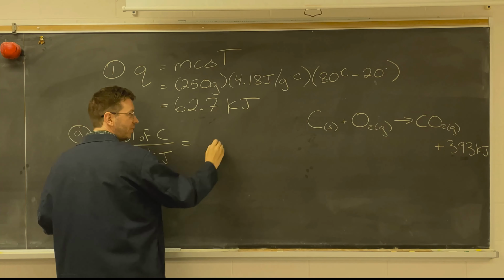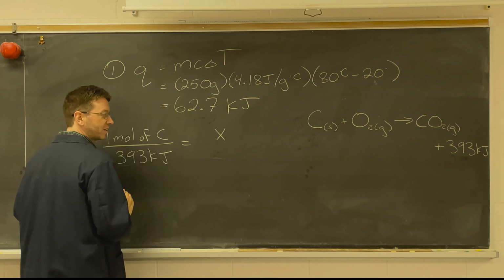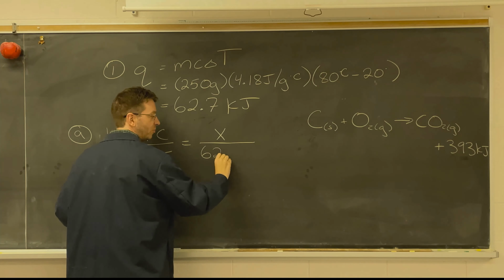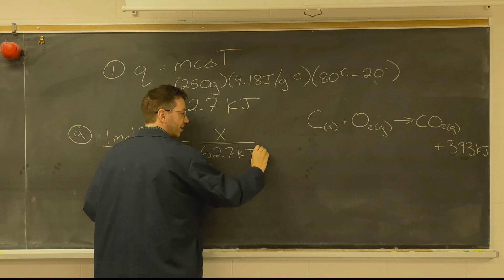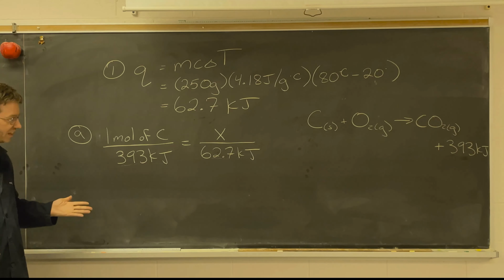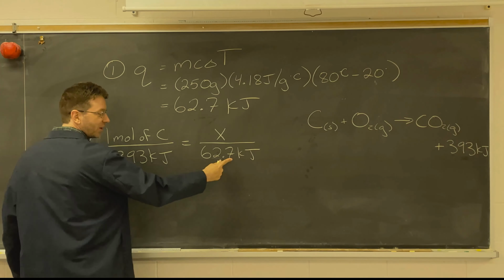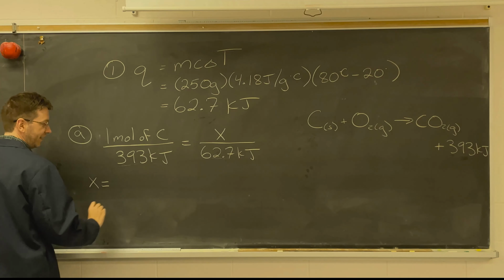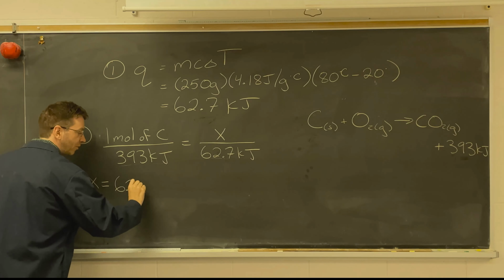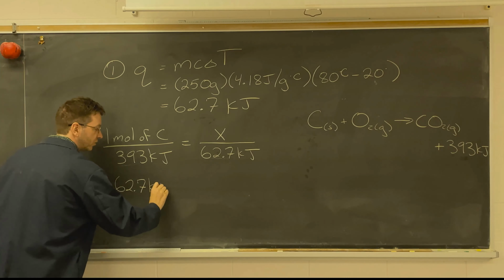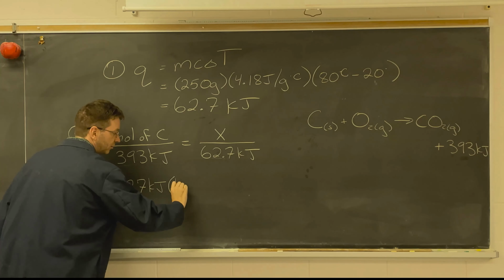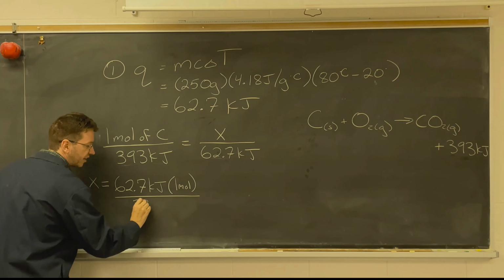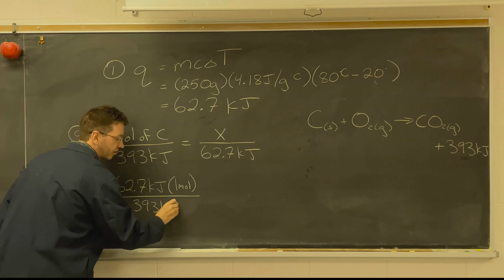So how many moles of carbon, say X, gives us 62.7 kilojoules of energy? That's method A. We can multiply both sides by 62.7, and we would get X equals 62.7 kilojoules times 1 mole, all divided by 393 kilojoules.